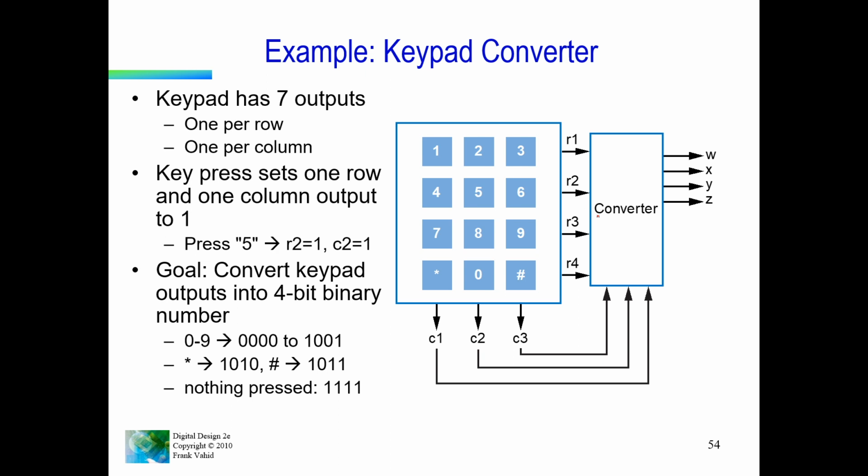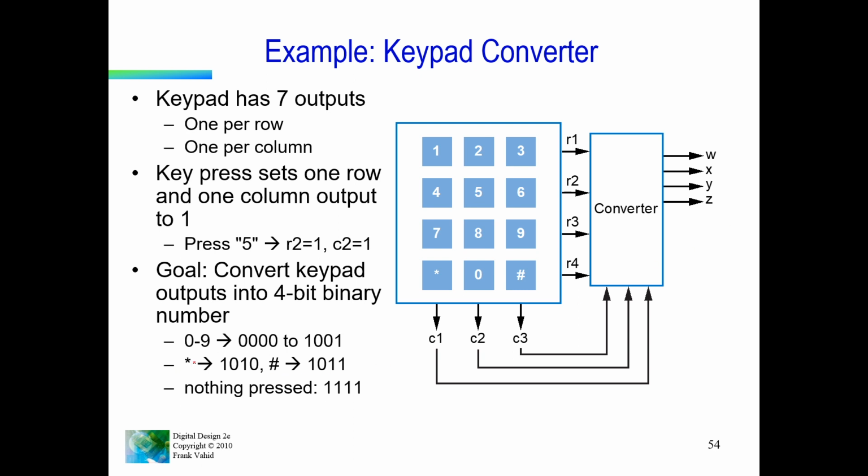So we want that if 2 is pressed, the output of our circuit will be 0010, which means 2. For instance, if 5 is pressed, then the output will be 0101, so that we understand that 5 is pressed.